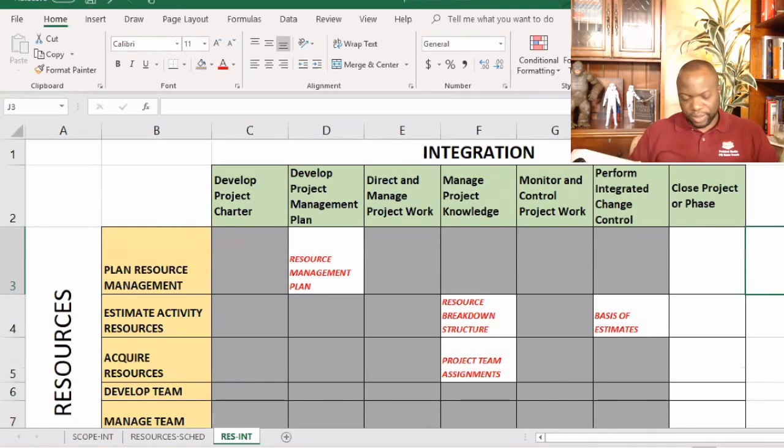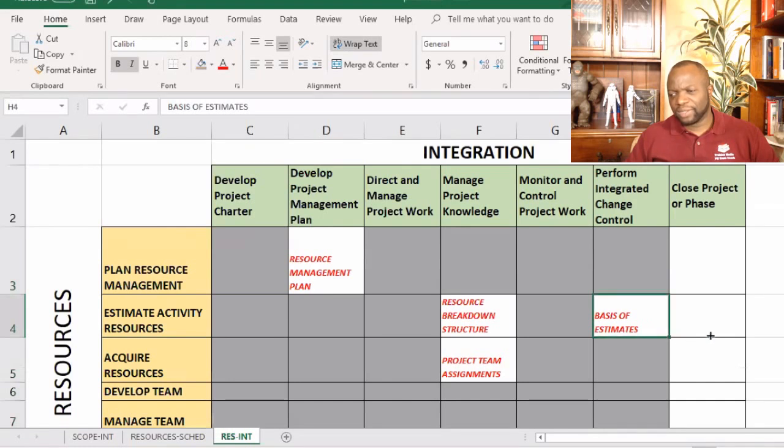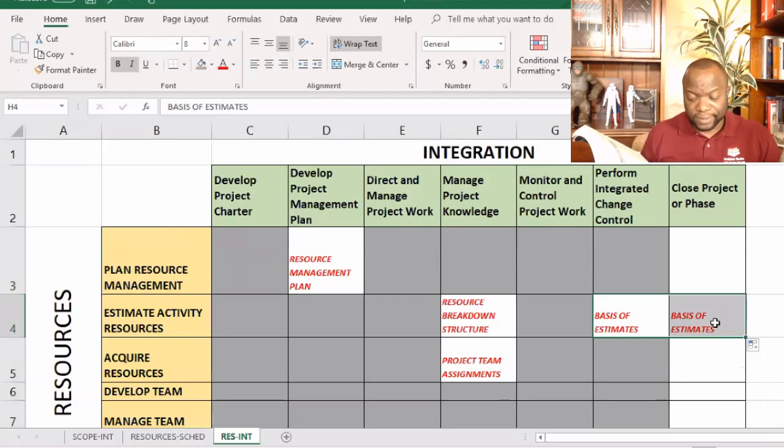So follow me on to page 124. It says, the basis of estimates is used to calculate how the estimation of durations, costs, resources, ding, ding, ding, magic word, resources. For that reason, we're going to include basis of estimates here as something to think about. But let's find out why before we get so excited.